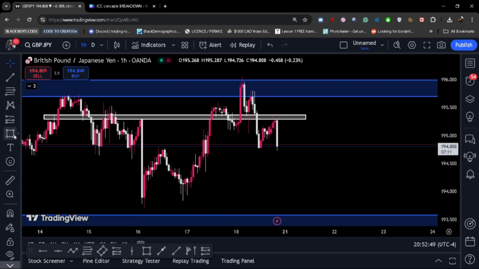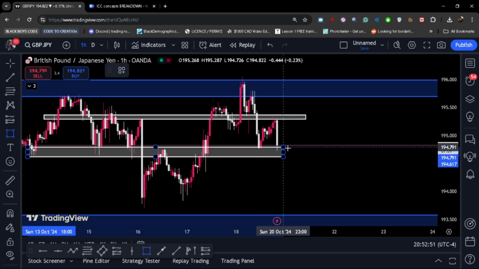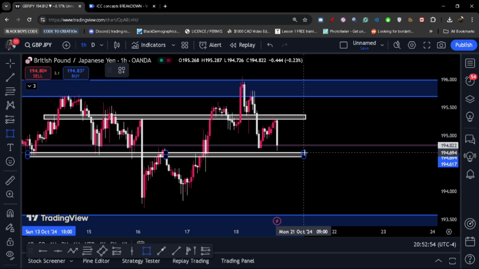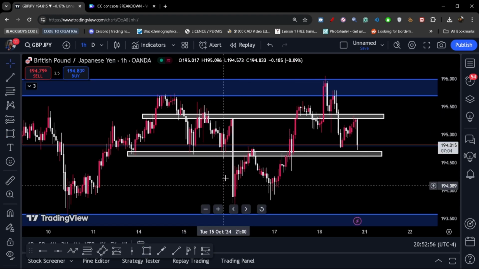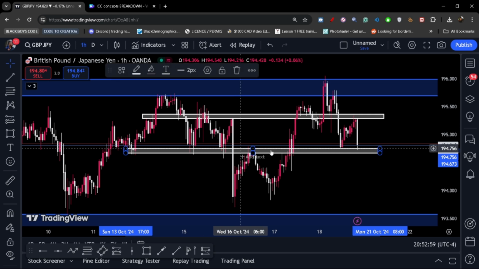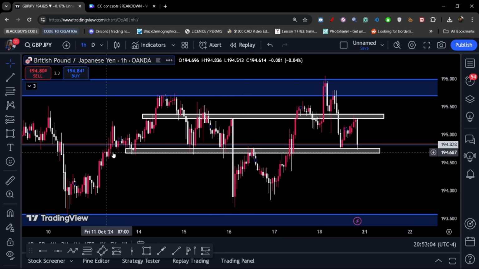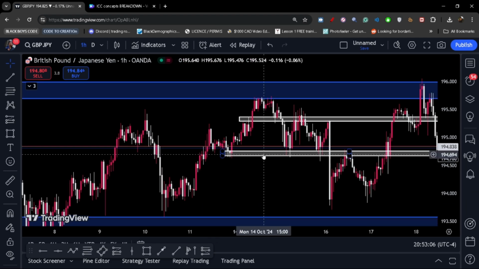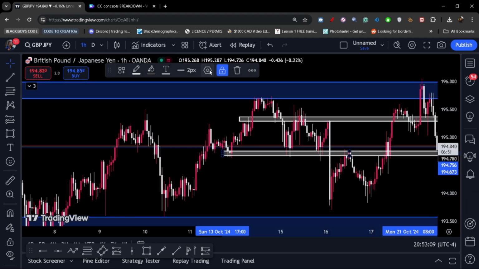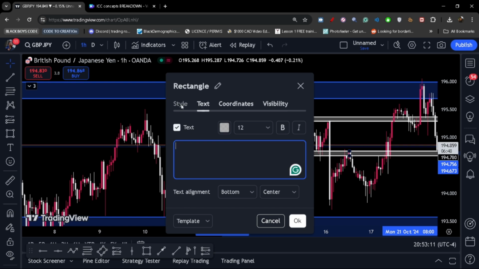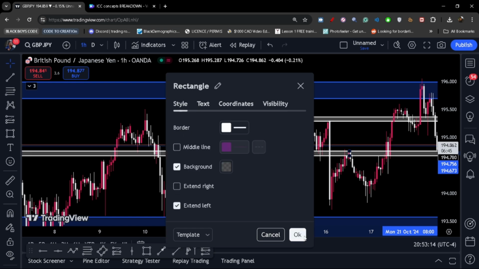The next area of interest is this one here. The reason for it is very simple: price broke and retested here, broke and retested here, broke and retested. We can extend to the left to show you how important this area of interest is.